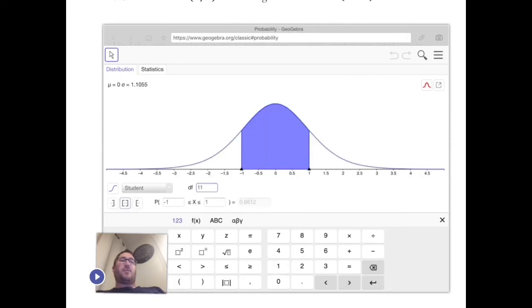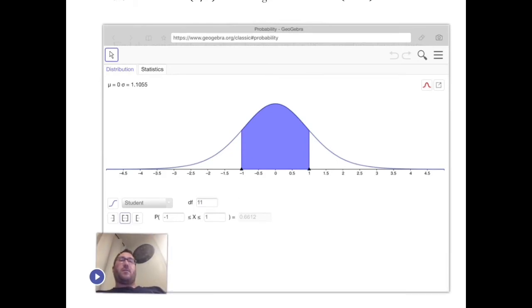Because I'm doing that, it's already changing the values. And then here, let me grab the pointer, you can choose either the left bracket or the right bracket to make your selection. I generally choose the right one.